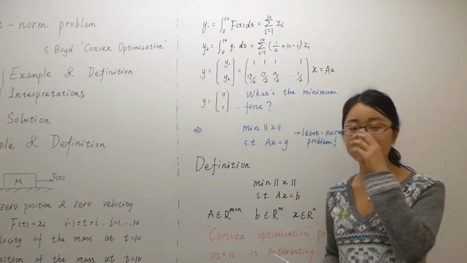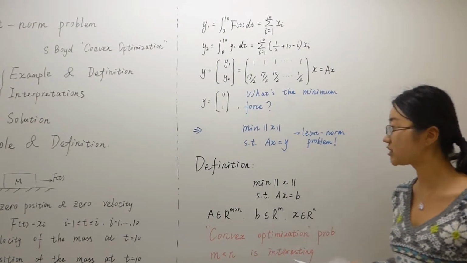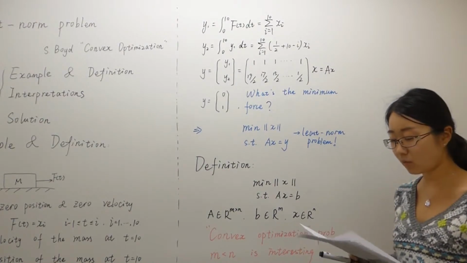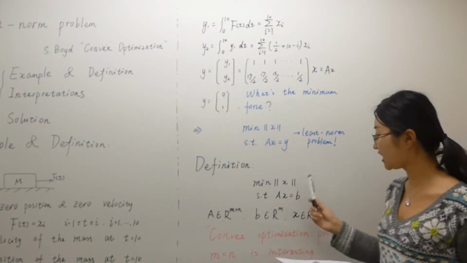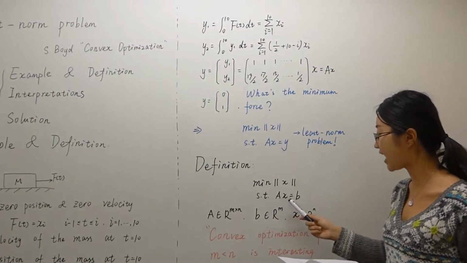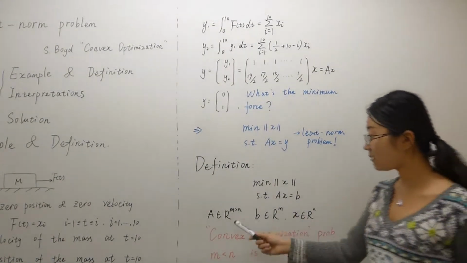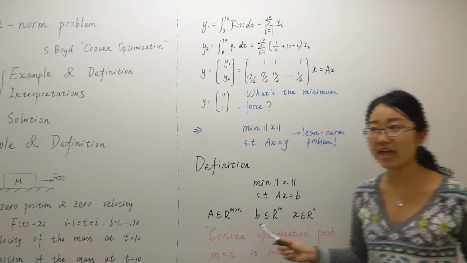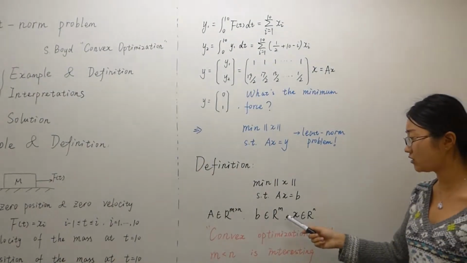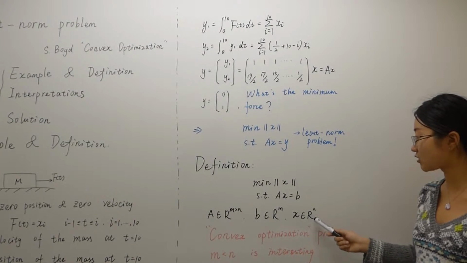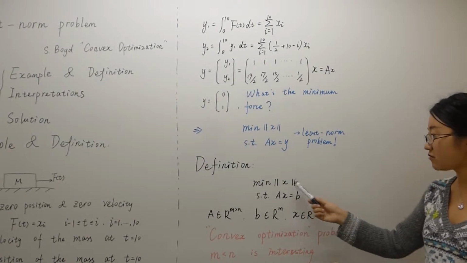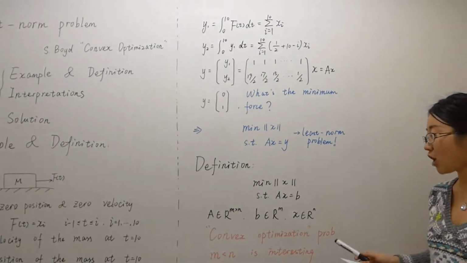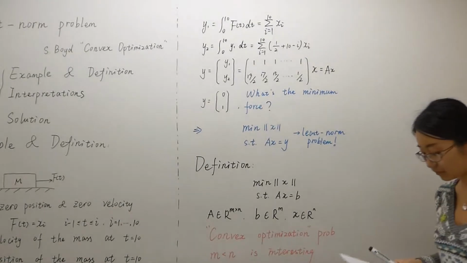Now with the understanding of this example, let's move to the definition of the least norm problem. The basic least norm problem has the form: minimize the norm of x subject to Ax equals b. Here, A is in R^(m×n), b is in R^m, and x is in R^n. Since the objective function and the constraints are all convex, this problem is a convex optimization problem.